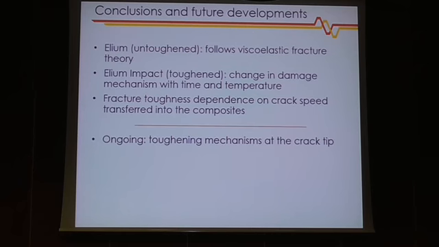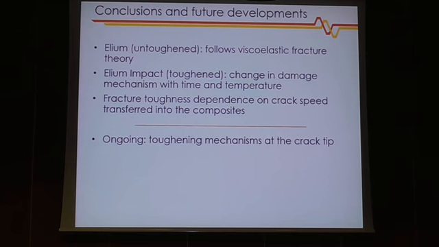So, concluding, we've seen that in the case of the plane racing, the neat racing, there was a good agreement between the experimental results and the viscoelastic fracture theory. While in the case of the toughened racing, there was a change in the damage mechanisms at the different test conditions, which gave the inverse trend.